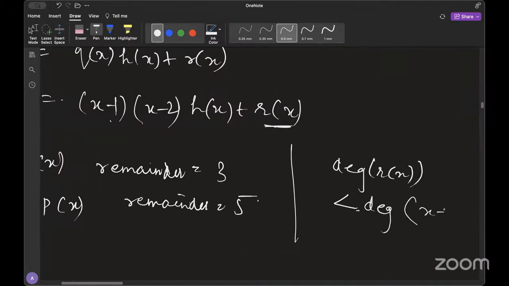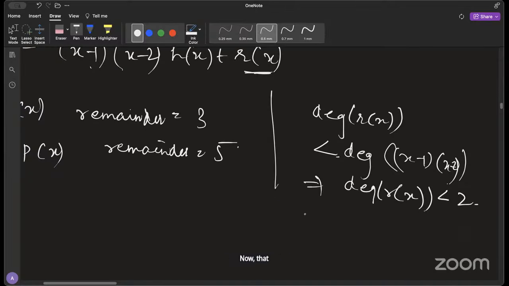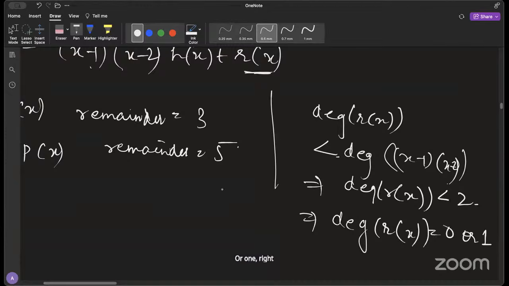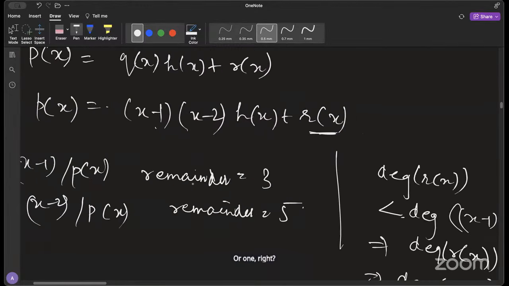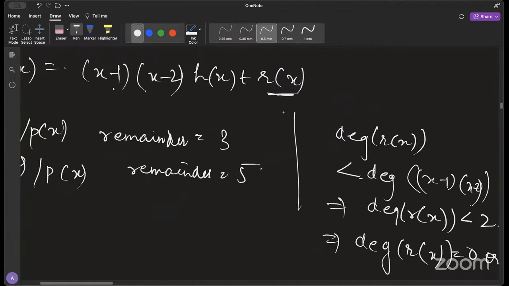The divisor here is x minus 1, x minus 2, so the degree of r(x) should be strictly less than 2. That means the degree of r(x) is either 0 or 1, or r(x) is just 0.